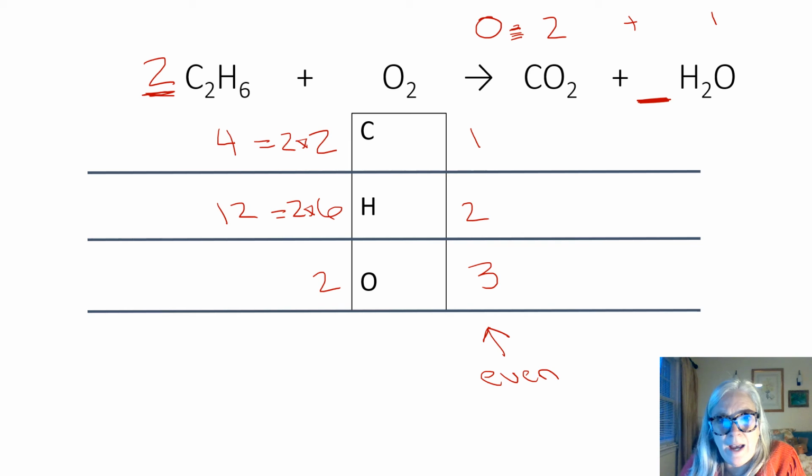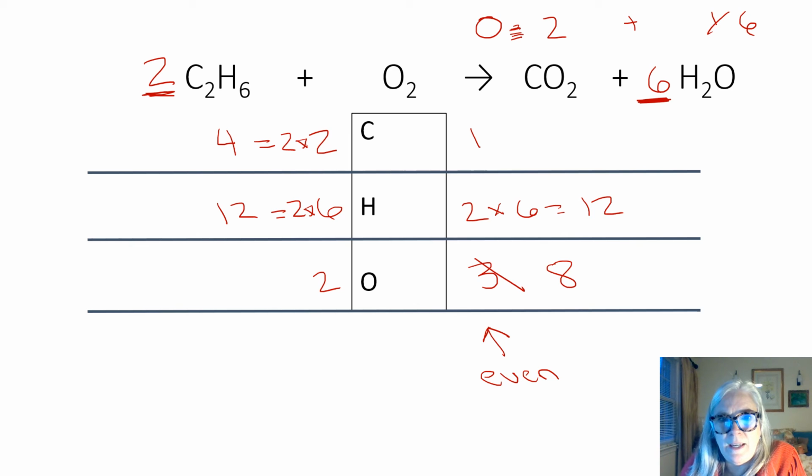Okay, so now I'm going to get an even number on this side, because to get 12, I multiply this by 6. So that's an even number. Okay, if I multiply this by 6, now I have 8 oxygen, and I've got 12 hydrogen.